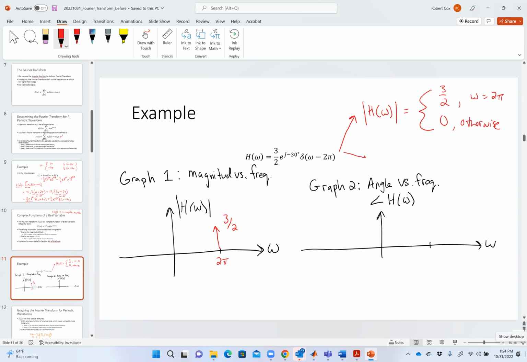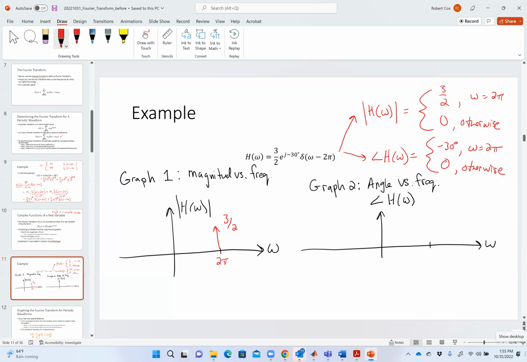Now I can also say I have an angle of X of omega. How would I express that? What's the angle of that thing as a function of frequency? Well, it has only one value at one location. It'd be negative 30 degrees at omega equal to 2 pi, and it'd be 0 otherwise.